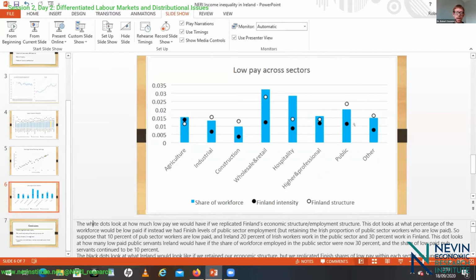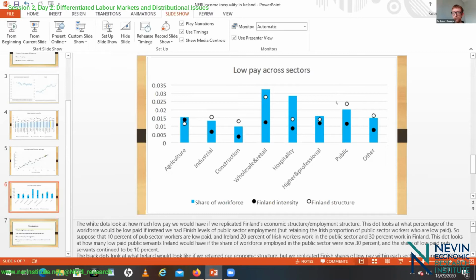So suppose that currently 10% of the Irish public sector are low paid, just making that number up, and that 20% of the workforce are public servants in Ireland, and 30% of the workforce are public servants in Finland.